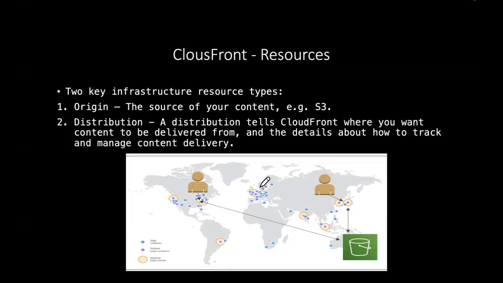If not, then the edge location server will go back to the original source, which might be my S3 bucket, grab it from the S3 bucket, cache it locally, and then serve it to that user. Now, if another user in the same geographical area requests the same resource, it's going to get it served from the cache in the edge location server. That's how CDNs work. We know that.